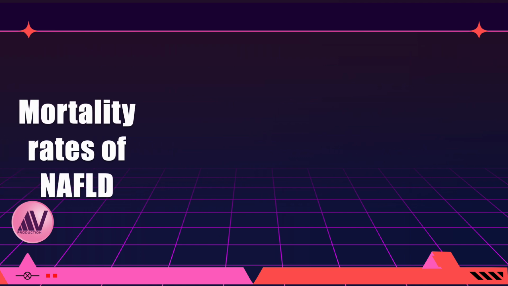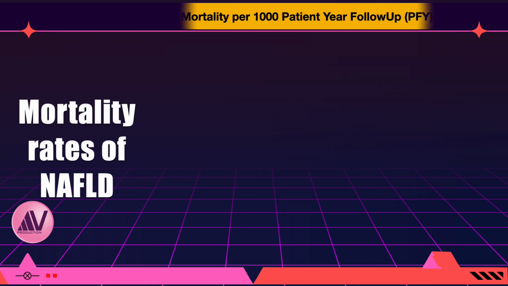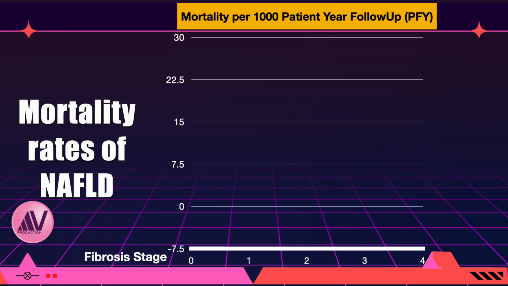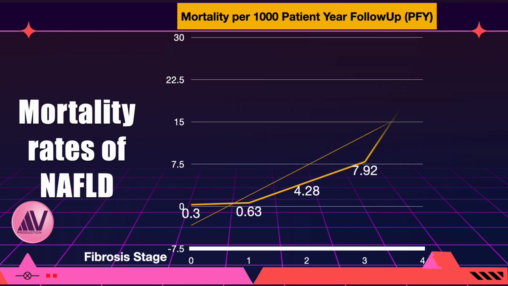This graph presents the results of a meta-analysis involving 1,495 patients with non-alcoholic fatty liver disease. The patients had an average follow-up period of 17.45 years. The analysis revealed that patients with fibrosis exhibited a significantly elevated risk of all-cause mortality compared to those without fibrosis.